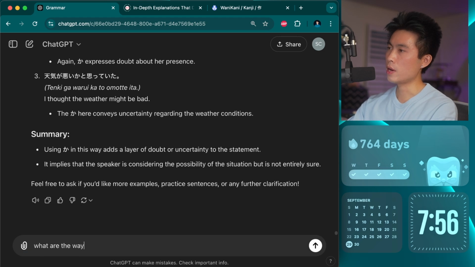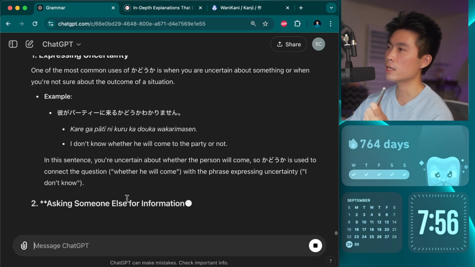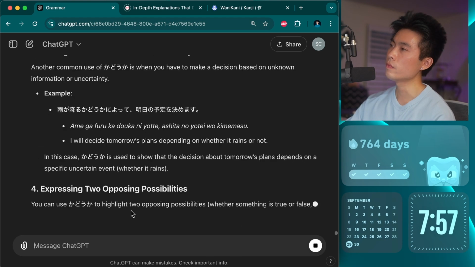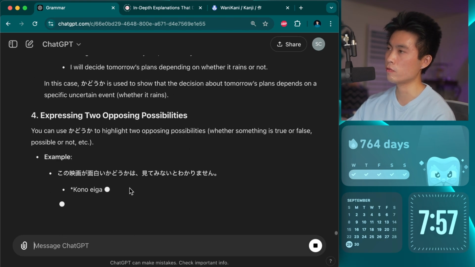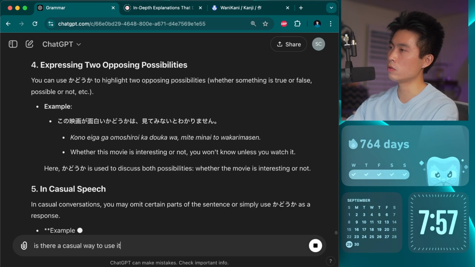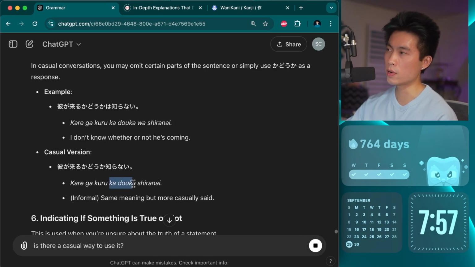What are the ways to use kadoka in conversation? Yeah, it just gives me a full explanation. Unless I'm always going to prompt ChatGPT. Let's see if it can give us a casual version. Is there a casual way to use it? Oh, right here. But this one still says kadoka.